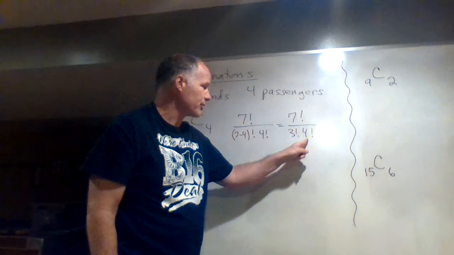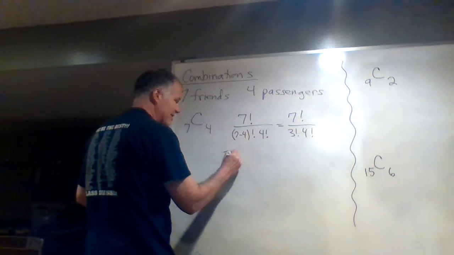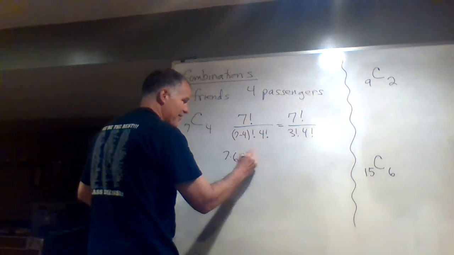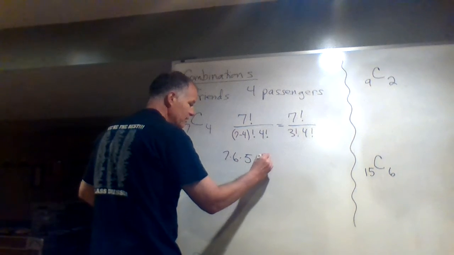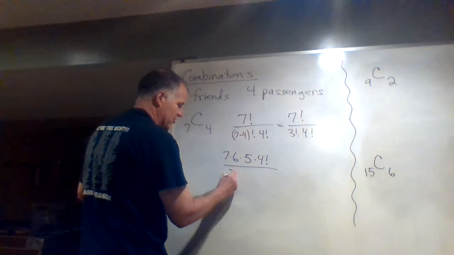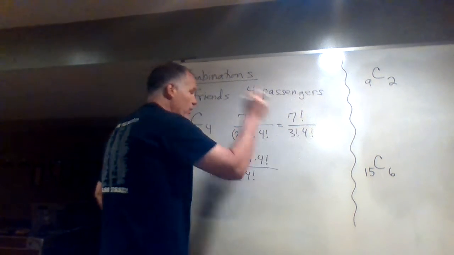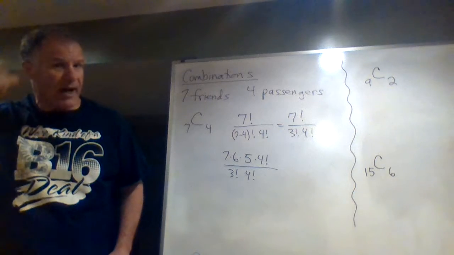So that 4 factorial is down here, but still, 7 factorial we know is 7, 6, 5, and then 4 factorial. Now, again, we've got a 3 factorial and a 4 factorial on the bottom. I'm going to take whatever one's bigger. That's going to save you some time.